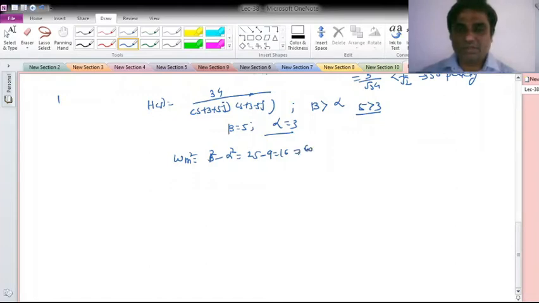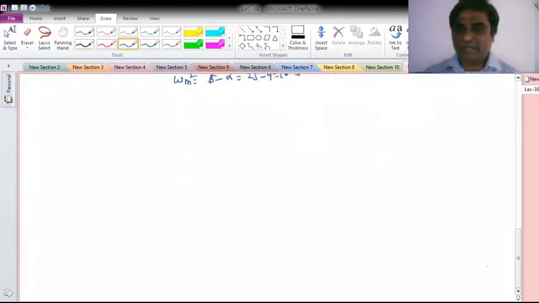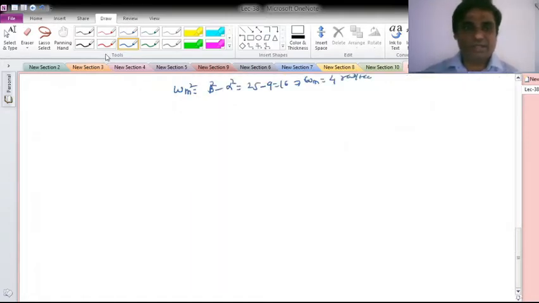So the resonant frequency is 4 radian per second.